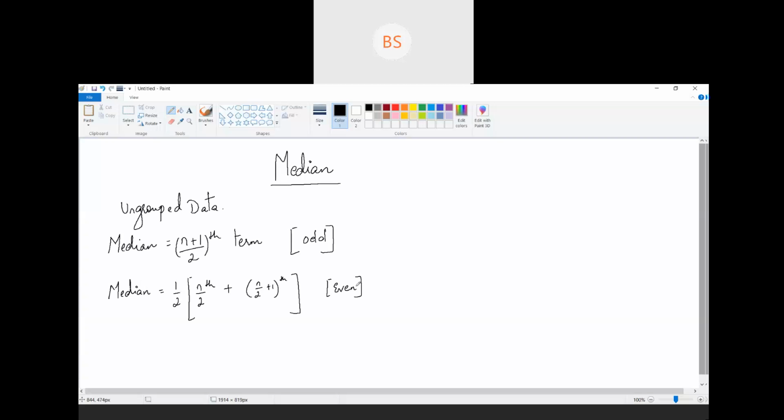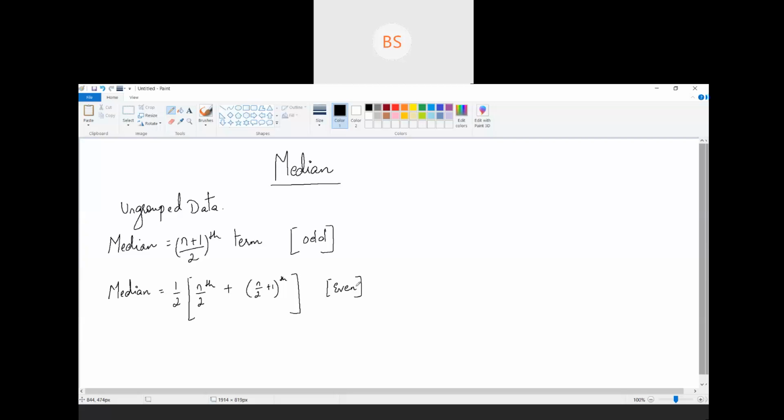We will see how to find out the quartiles also. Now the whole set of observations which are given to us can be divided into four equal parts. This median we found out when we divided the whole set of observations into two equal parts.